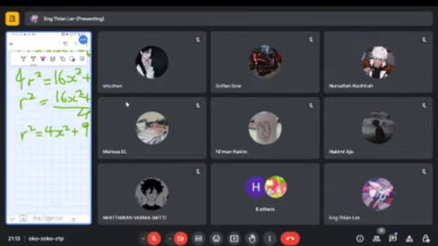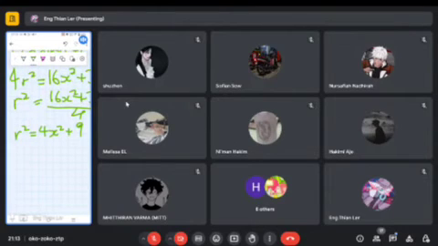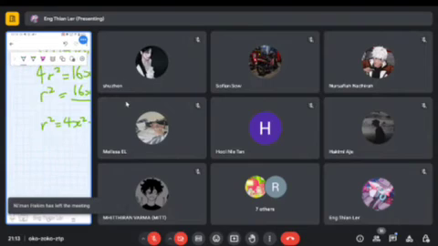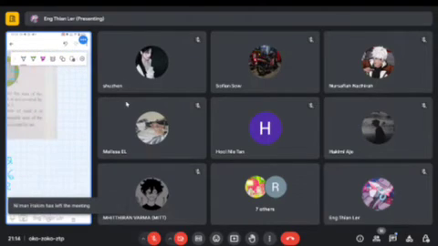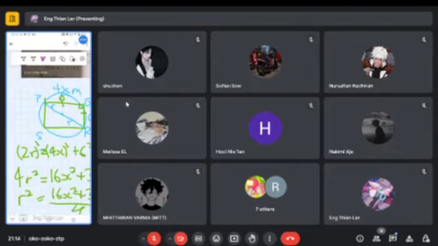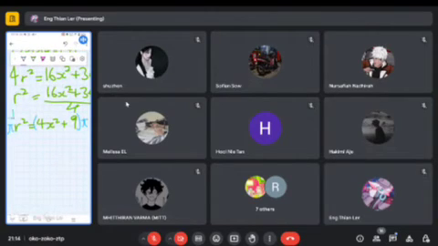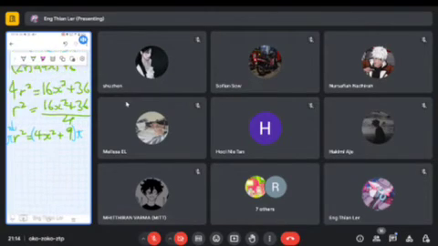And then the area of the circle will be pi r squared. So we just multiply both sides by pi, a pi here, a pi here, and a pi here. This pi r squared is actually the area of this circle.